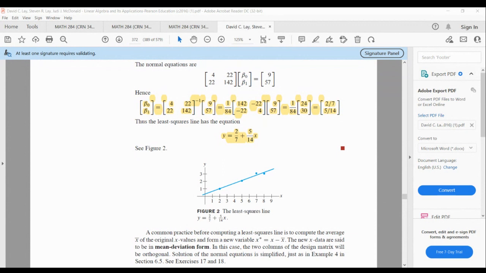Okay, let's do another problem. I want to do one problem before we go on break here. Yeah, it is really cool. And the thing is, using the least squares approach with linear algebra allows us to do a variety of least squares problems.